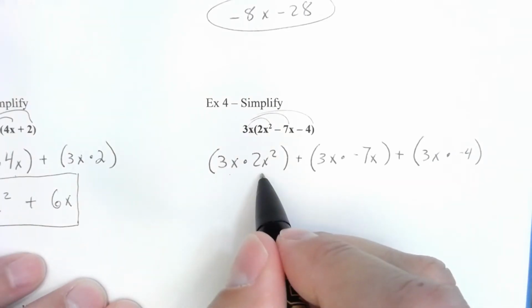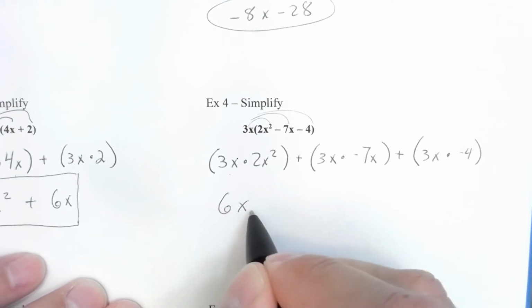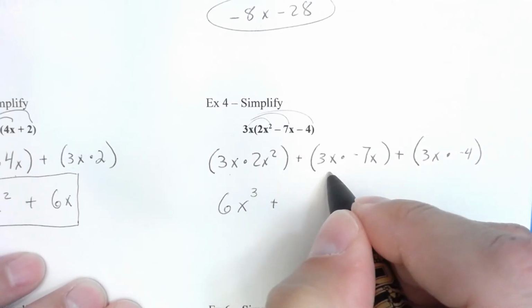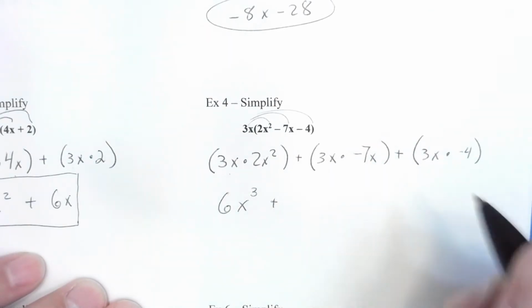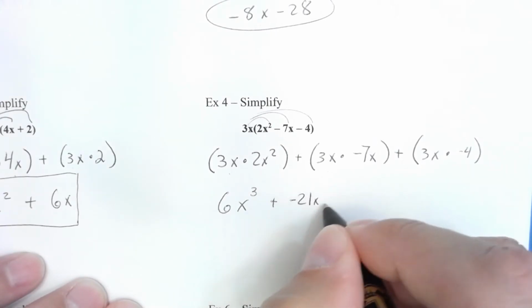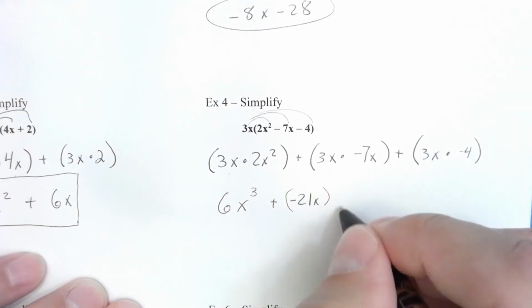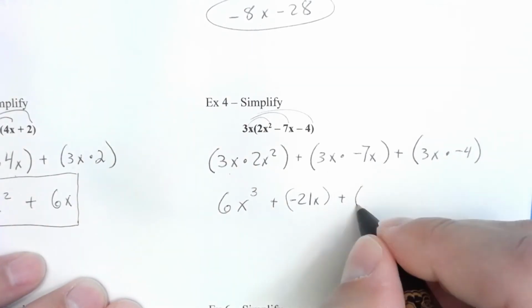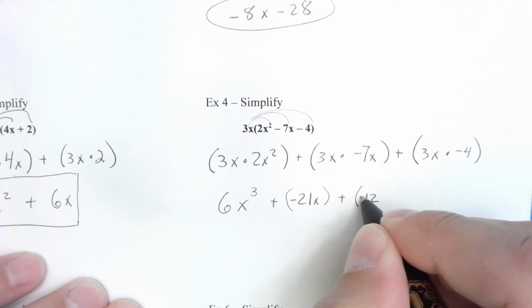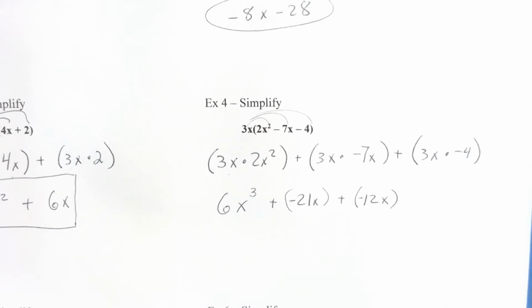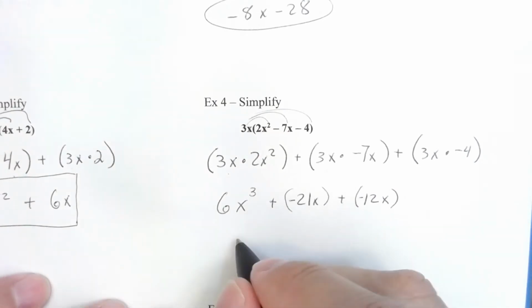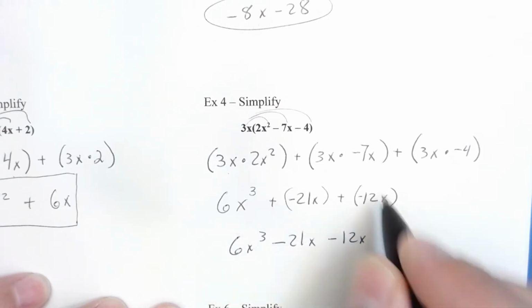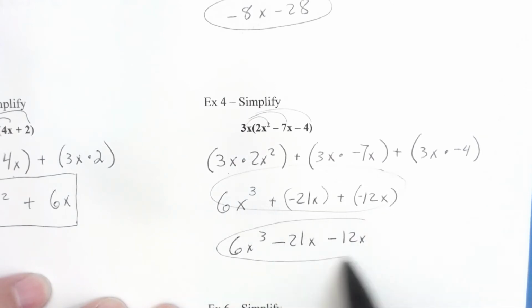Well, 3x times 2x squared is going to be 6x to the third power. 3x times negative 7x, don't forget that negative, is negative 21x squared. And then 3x times negative 12x. Again, some people will write it like this, minus 21x minus the 12x. Both are okay.